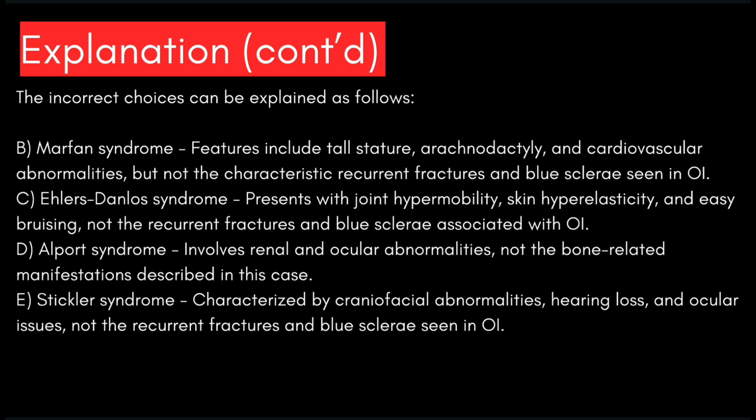Involves renal and ocular abnormalities, not the bone-related manifestations described in this case. E. Stickler syndrome. Characterized by craniofacial abnormalities, hearing loss, and ocular issues, not the recurrent fractures and blue sclera seen in OI. So, that should give you a lot of information on collagen type disorders.